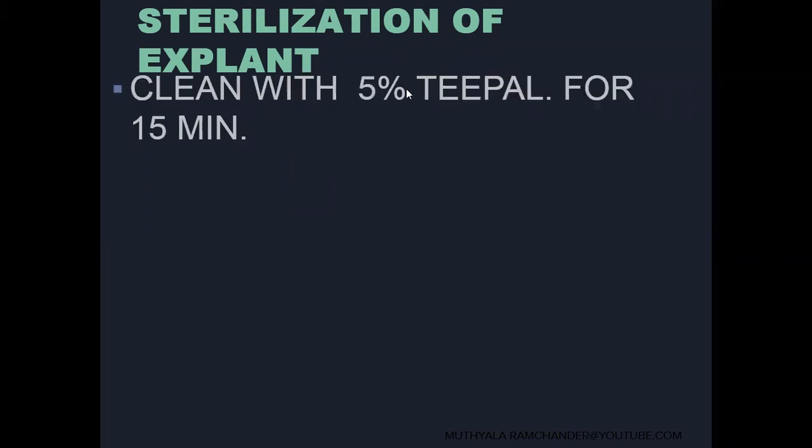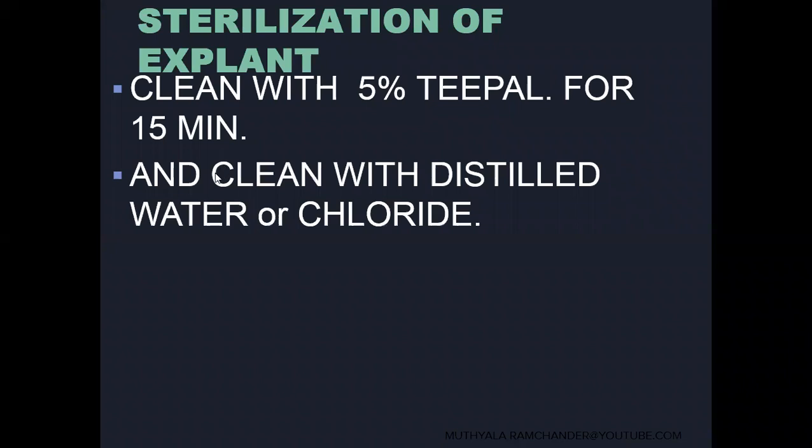Explant sterilization mainly begins with cleaning with 5% TPOL for 15 minutes. From the root to the aerial shoot apex, whichever part is selected as an explant is kept in 5% TPOL solution for 15 minutes. Then it is cleaned with distilled water or chloride solution.